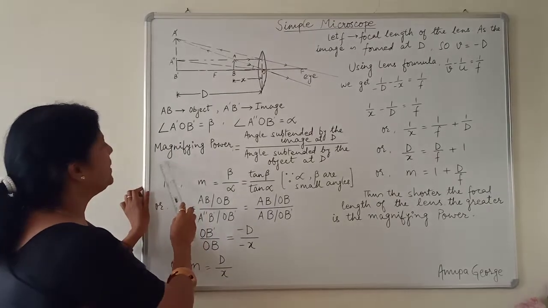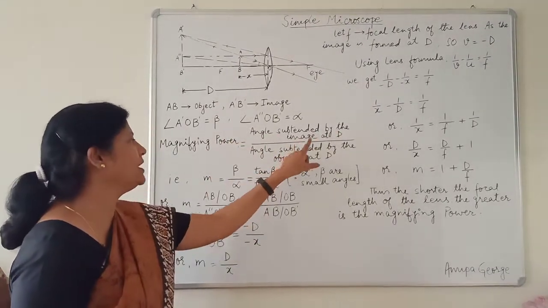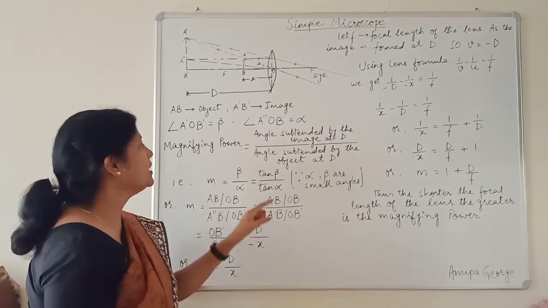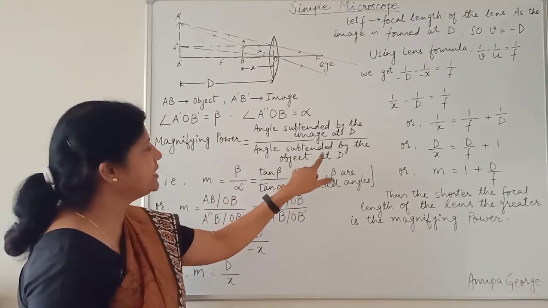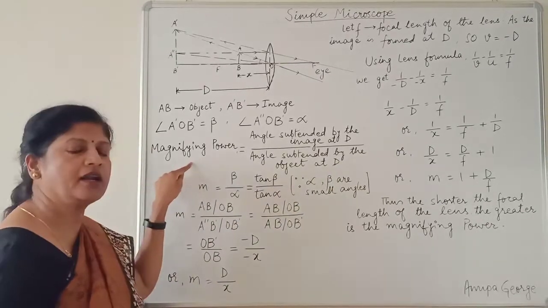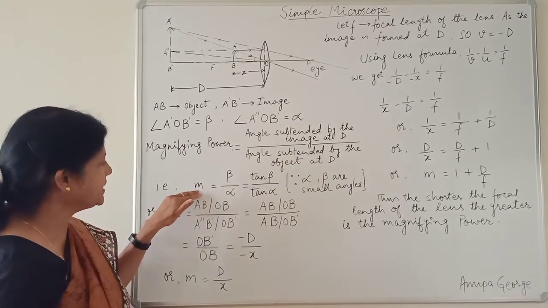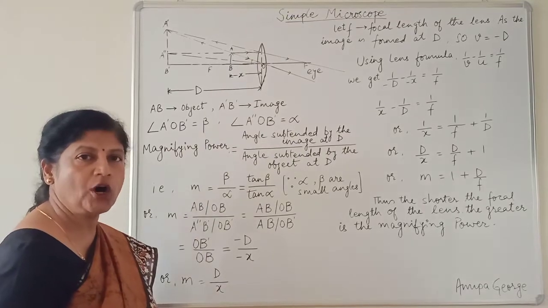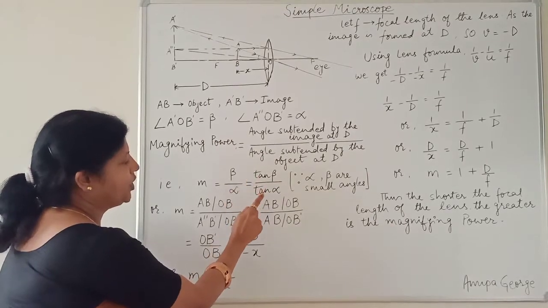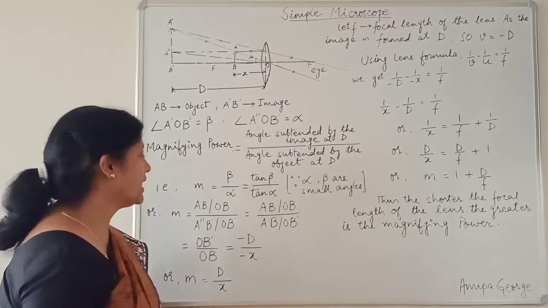Mathematically, magnifying power is equal to the angle subtended by the image at D, where D is the least distance of distinct vision, divided by the angle subtended by the object at D. This magnifying power is represented by small m, so we can write m is equal to beta upon alpha, or tan beta upon tan alpha, since alpha and beta are small angles.